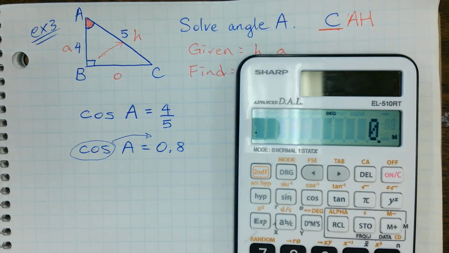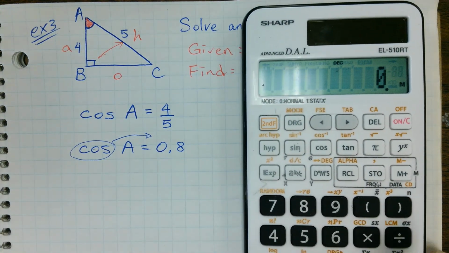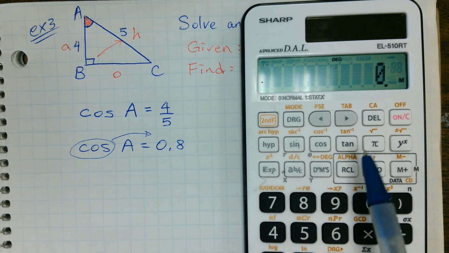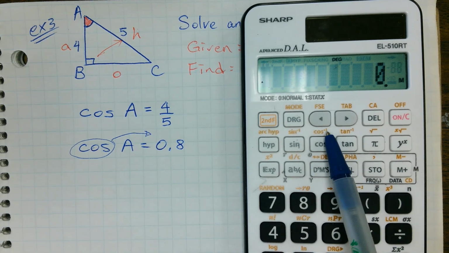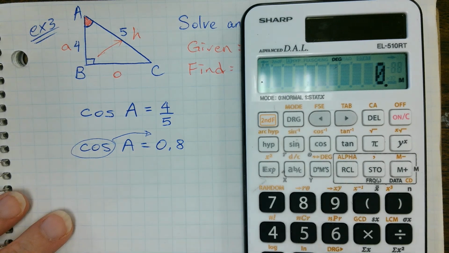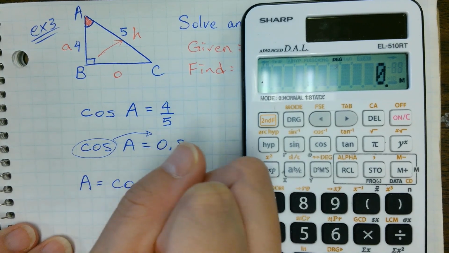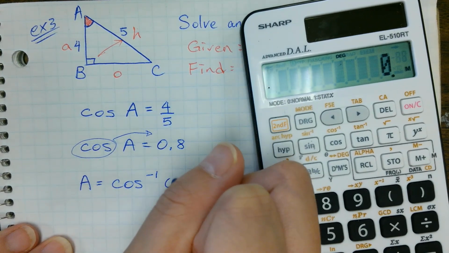What do you think the opposite of cosine is? Cosine to the power of -1. This little thing right here. But it's not called cosine to the -1. It's not cosine minus 1. It's called cosine inverse. It's these fancy names. So yeah, the opposite of that is cosine inverse.